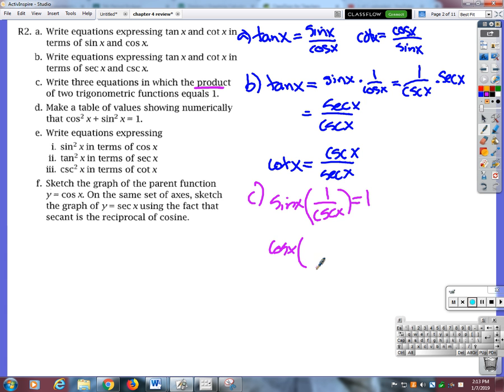Cosine times 1 over secant equals 1, and then what's the last one? No, because that would be tangent times tangent, so then you'd end up with tangent squared. Right, so I think what they're looking for is tangent times 1 over cotangent equals 1, because those are inverses of each other. You're right, you could do it that way.